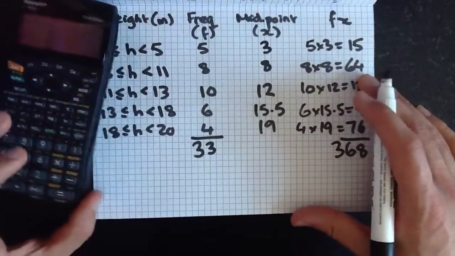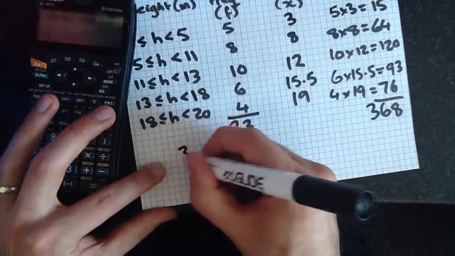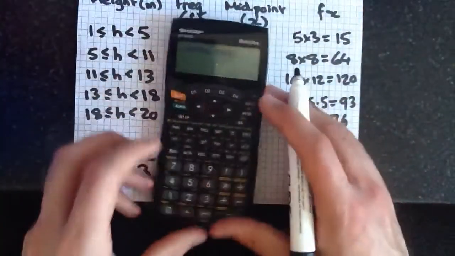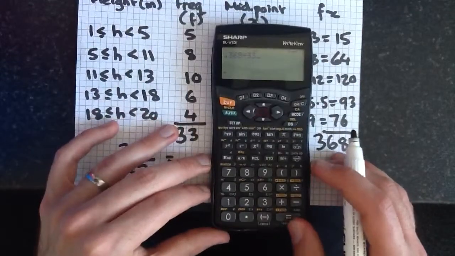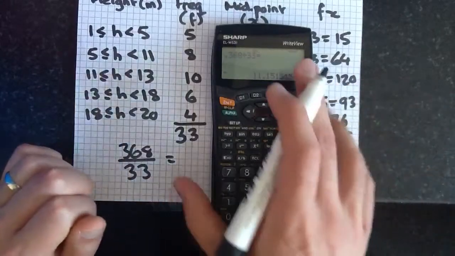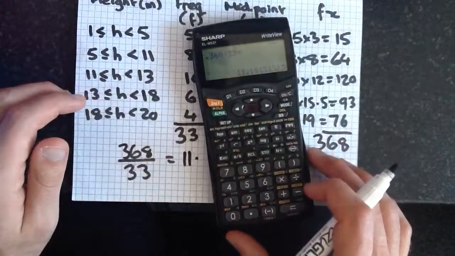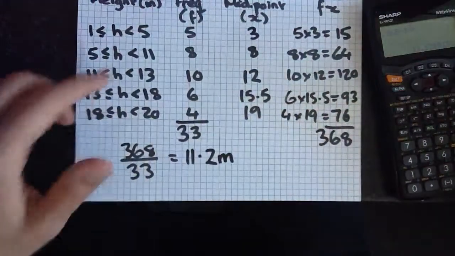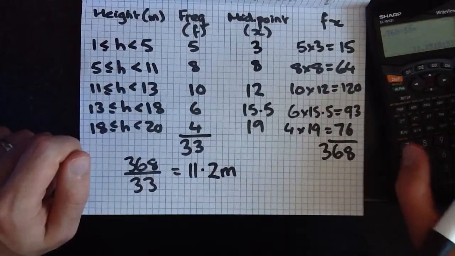What I need to do now, just as before, is divide this number by this number. So my estimate of the mean is 11.1515 recurring. So I'm going to round that to 1 decimal place, which will be 11.2. And then I've got a unit there, which is meters. So my estimate for the mean is 11.2 meters.